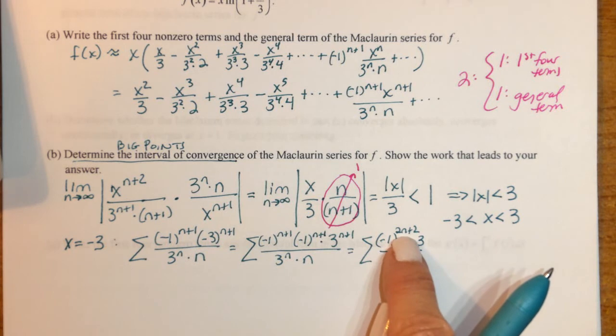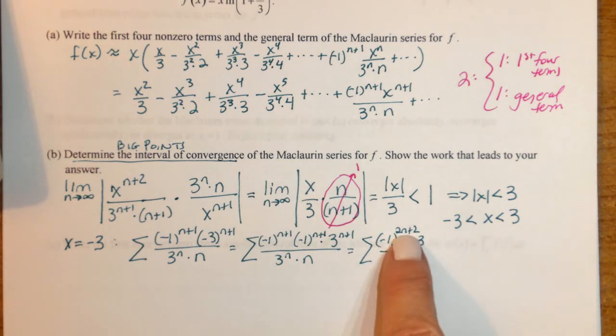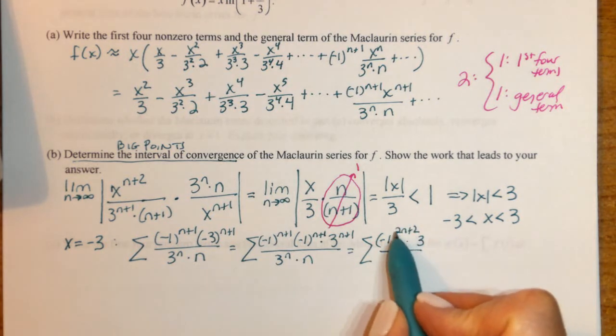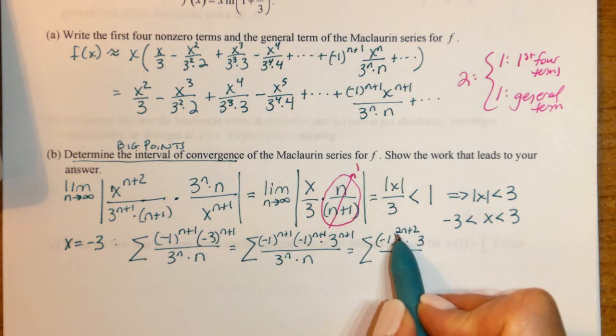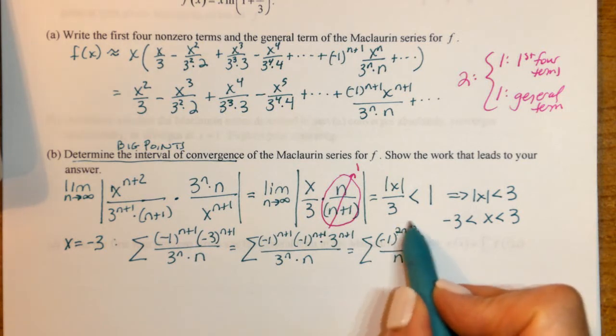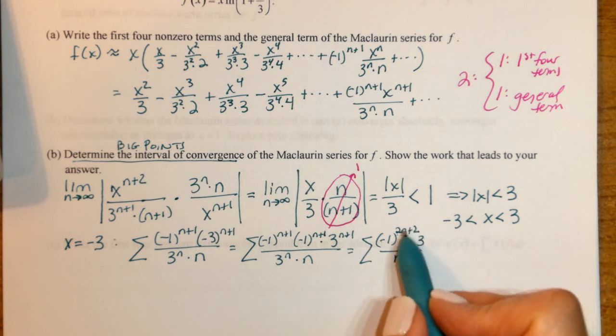So I notice that I have a 2n, which will always be even. And then I'm adding 2 to an always even number, so I'm going to stay even in my exponent. No matter what n is, I'm staying even.